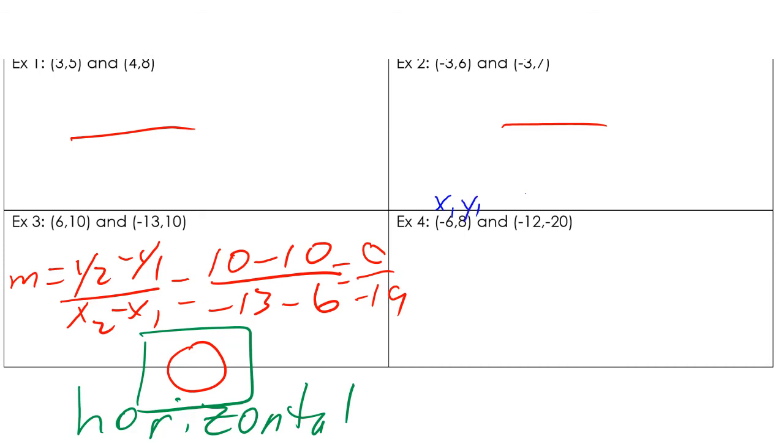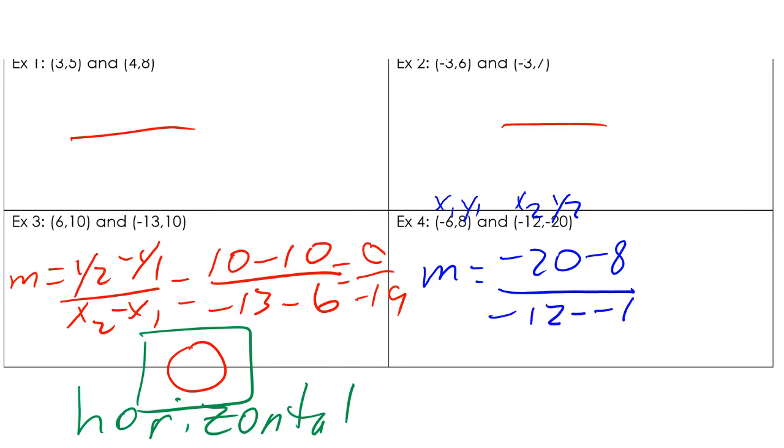x1, y1, x2, y2. So m is equal to negative 20 minus 8 over negative 12 minus negative 6. Minus negative becomes plus positive, and negative 20 minus 8 is negative 28, and negative 12 plus 6 is negative 6.